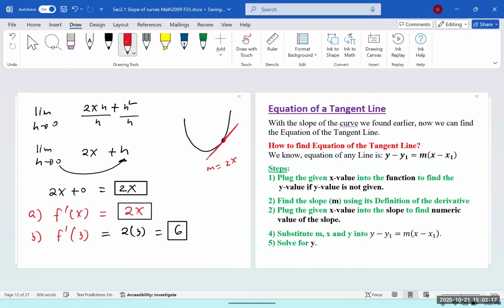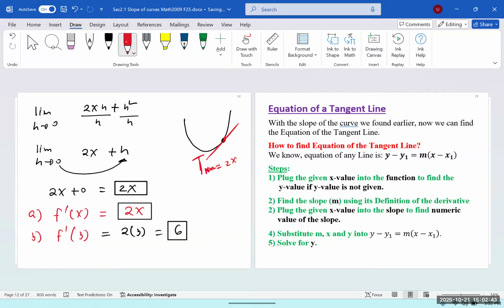Now the next concept is what's the equation of this tangent line? A tangent line is a line that goes through one point of the curve, only one point. The derivative is the slope of the tangent line, so let me write it down. The slope of the tangent line is the derivative.